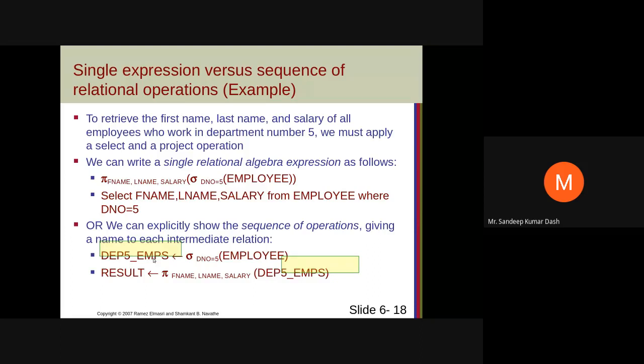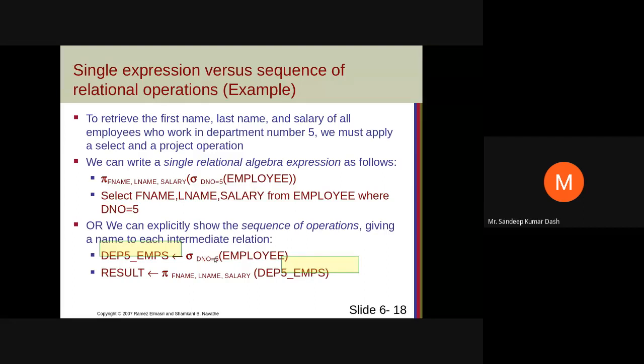This is a temporary or intermediate name given to the temporary result, that is the 4 rows where department number equals to 5. Then from those 4 rows you are selecting the 3 columns which is the result. So this way also you can express.